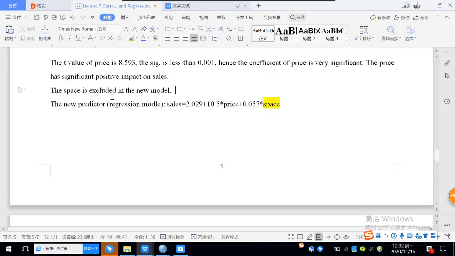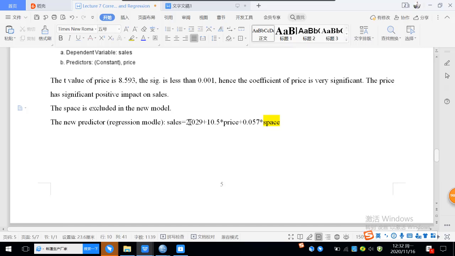Okay, so here is a new predictor. Sales is 1.977 add 10.566 multiply price.